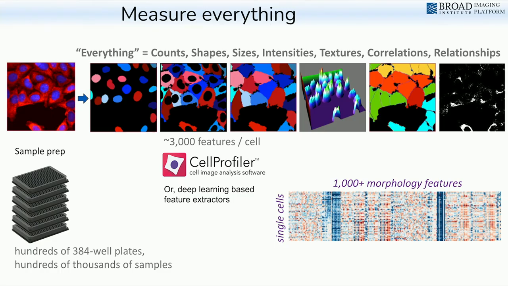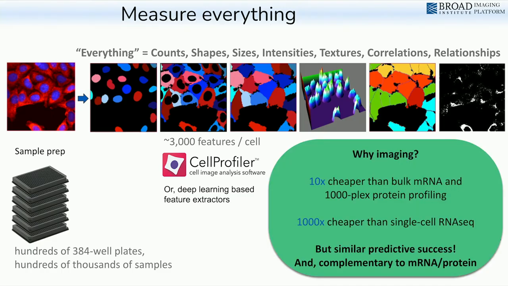And what's so exciting about image-based profiling, and I'll skip the data, but if you want to email me, I'm happy to point you to other talks where I dive a little bit deeper on why imaging versus mRNA profiling. The answer is that it is typically much cheaper, even for bulk profiling, but especially at the single cell level.